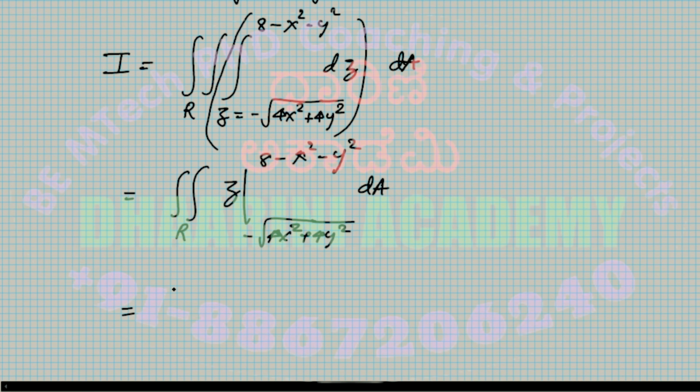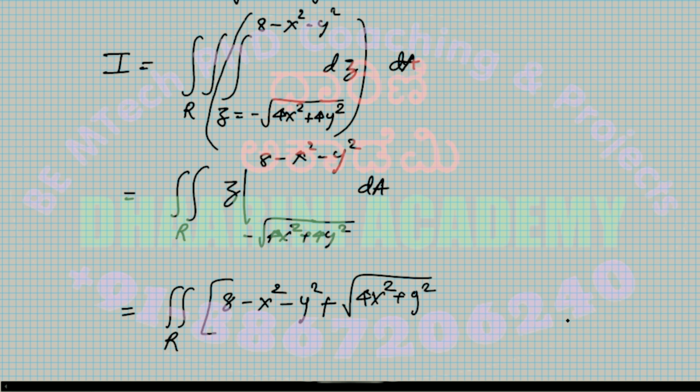So this is equal to the double integral over R. Substitute. What happens? 8 minus x square minus y square, first part. Then I need to subtract this. So minus of minus becomes plus root of 4x square plus 4y square, right? This needs to be now integrated over this.